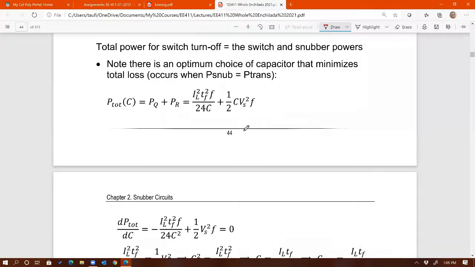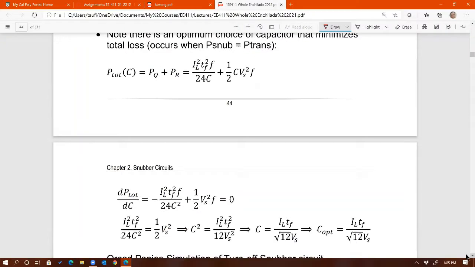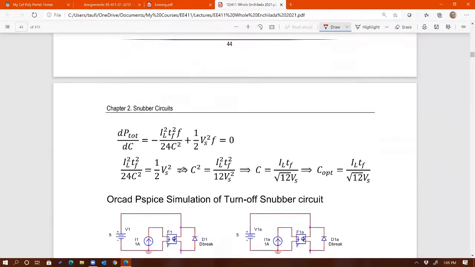So you just add the two, and the minimum amount of power as a function of C occurs when the first derivative of the power with respect to C is equal to 0. So what I did here is just find the first derivative of the equation for P total with respect to capacitance and set it equal to 0. And at the end, you get this equation for the optimum value, which is very nice to have.